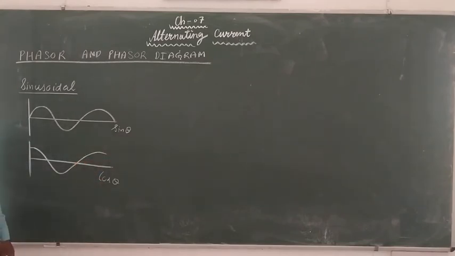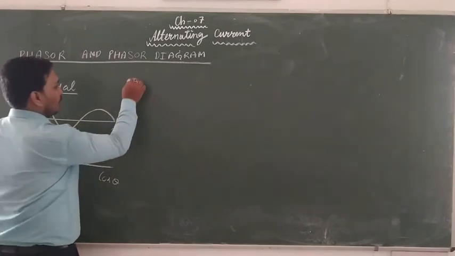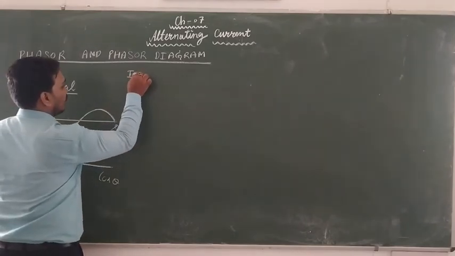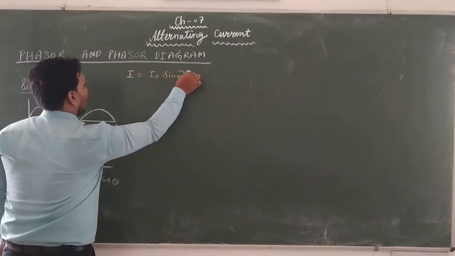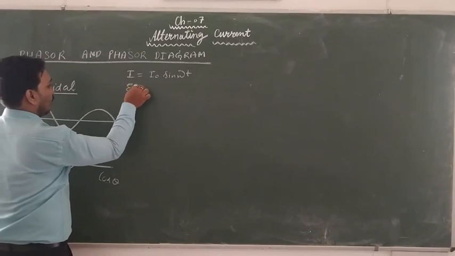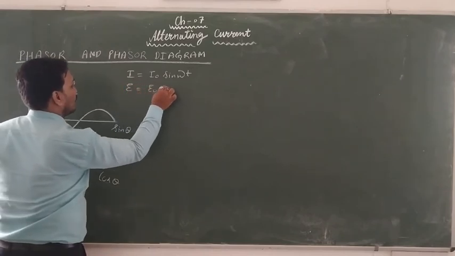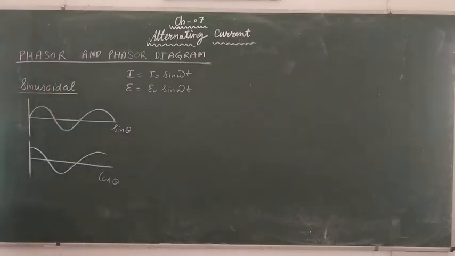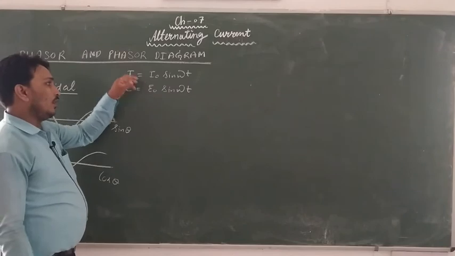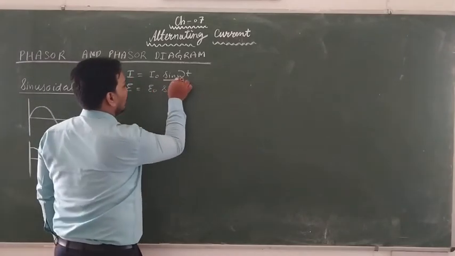Just try to understand. When we calculate alternating current, it comes out to be I naught sine omega t. For alternating voltage or EMF, it is E naught sine omega t. So basically the EMF and the current depend upon sine.